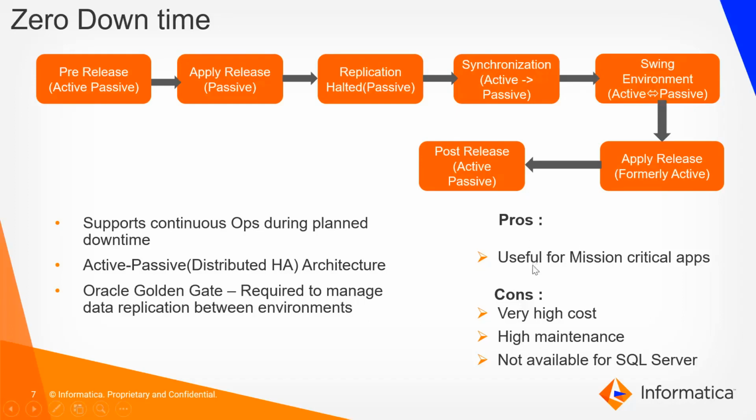Now the pros is it's useful for mission critical apps which cannot afford downtime even during the upgrade process. The cons is it involves very high cost because of the different components to be available, like Oracle Golden Gate, which is required to manage the data replication. And one more con is that this zero downtime solution is not available for SQL Server.